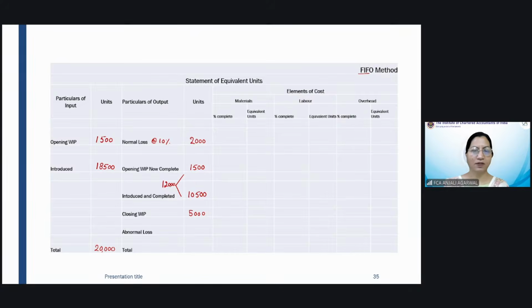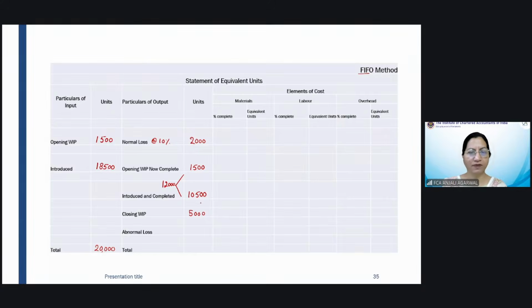Right? 12,000 units are complete. So first, because of FIFO, first 1500 of these units would be completed, and then the remaining would be completed from 18,500. So total completed are 12,000, 1500 opening WIP complete, balance 10,500 from freshly introduced.